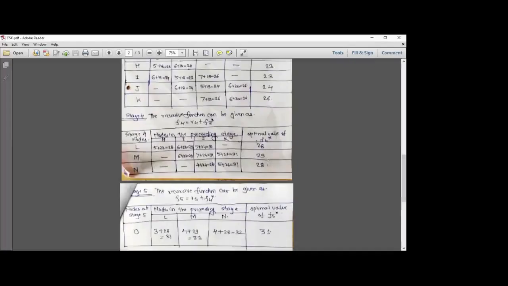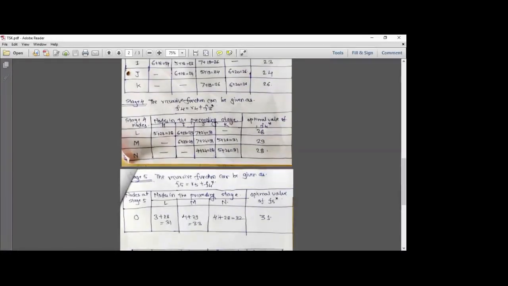So likewise, we have put the values as 3, 4, and 4. For L, the F4 star value is 28. For M, it is 29, and for N, it is 28. So we have put that. So we got the value for node O as 31, 33, and 32. The lowest among that is 31. So we have taken 31, right?